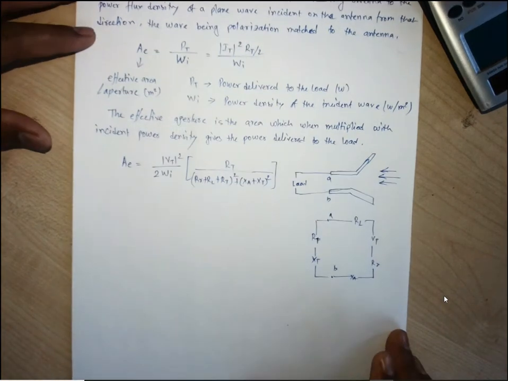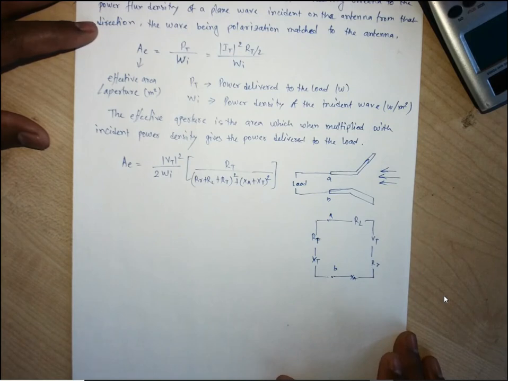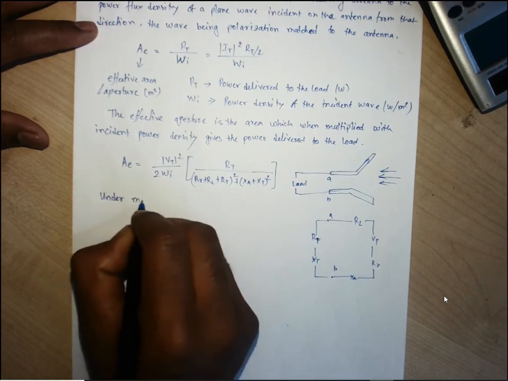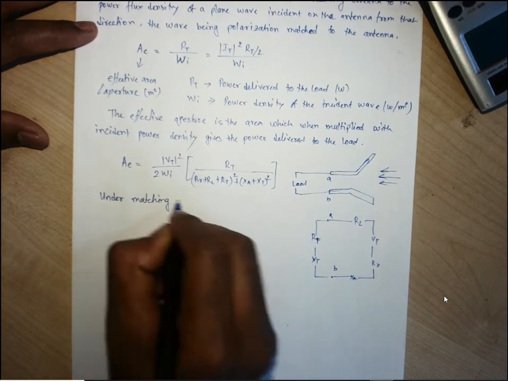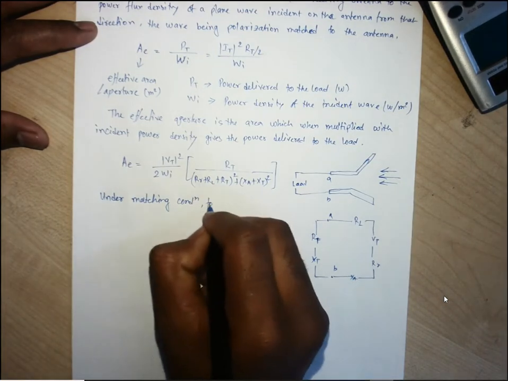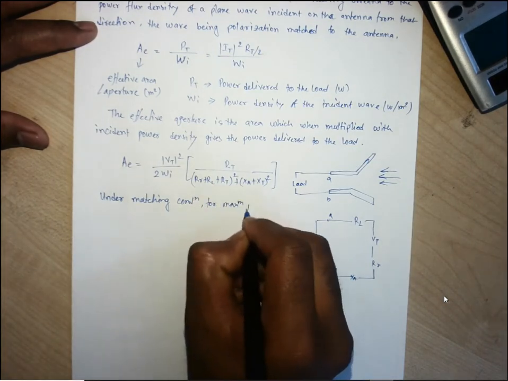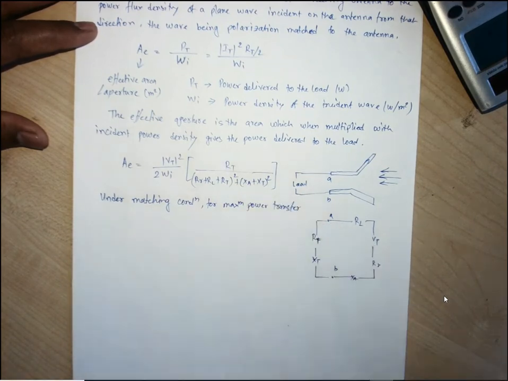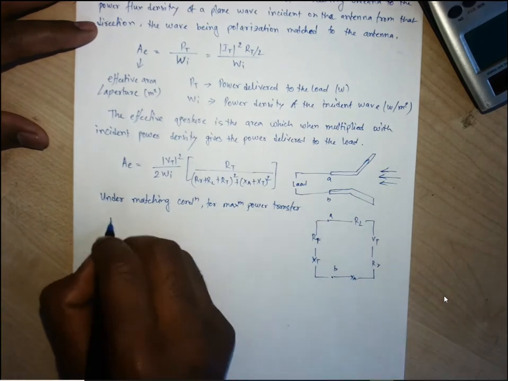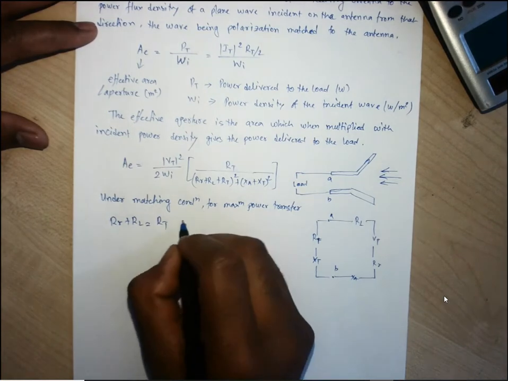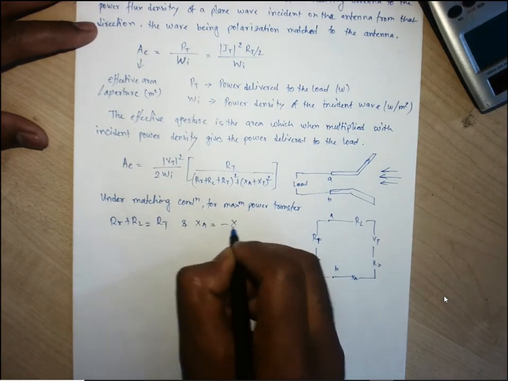So again, under the matching condition for maximum power transfer, RR plus RL should be equal to RT and XA is equal to minus XT.